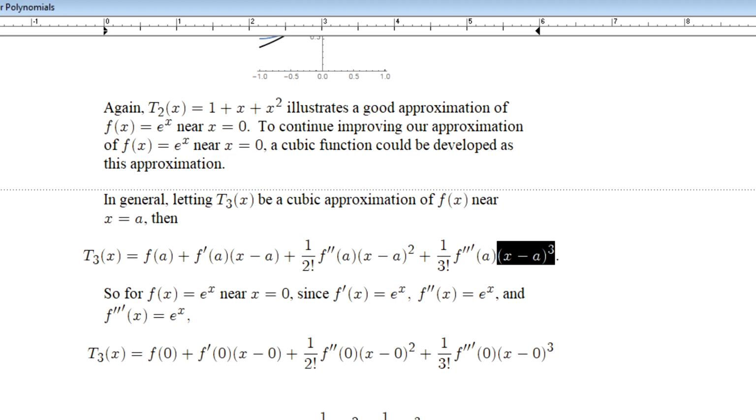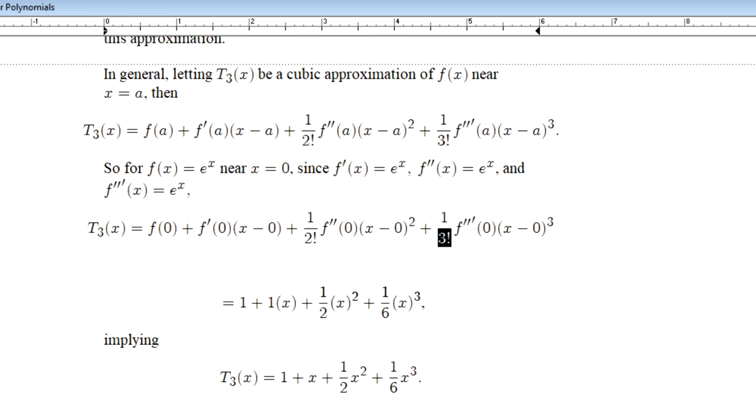All right? If we think about those values, first of all, how many ways can we arrange 3 items? Well, to calculate 3 factorial, it's just 3 times 2 times 1. Well, 3 times 2 times 1, that's 6. All right? F's triple derivative at 0 is just like the value of f's second and first derivative.